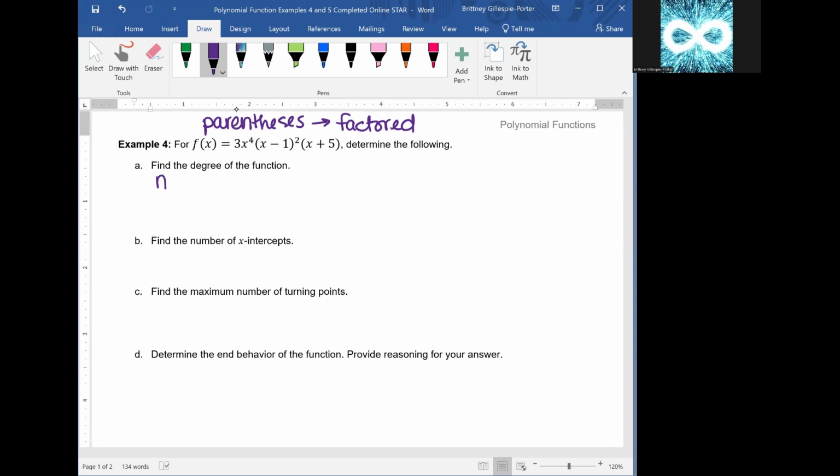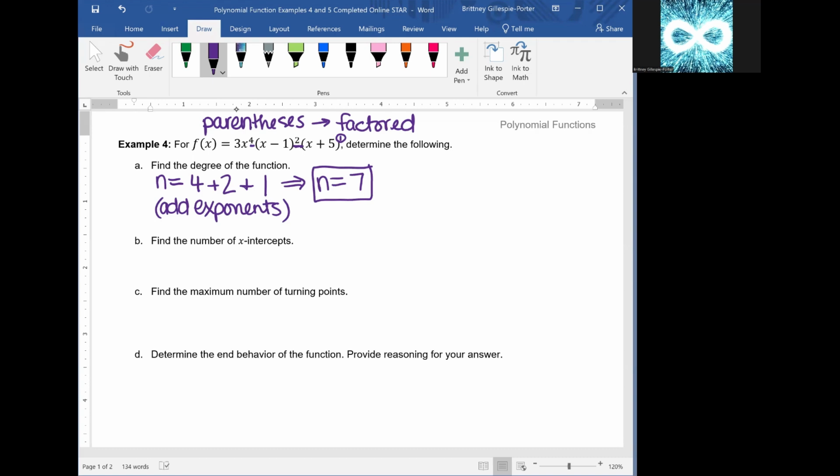Because our degree needs to be found for the factored form, we're going to add all of the exponents on the variables. If we look at our exponents, we have 4 plus 2 plus the imaginary 1 hanging out on the x plus 5, which means that we have a degree of 7.